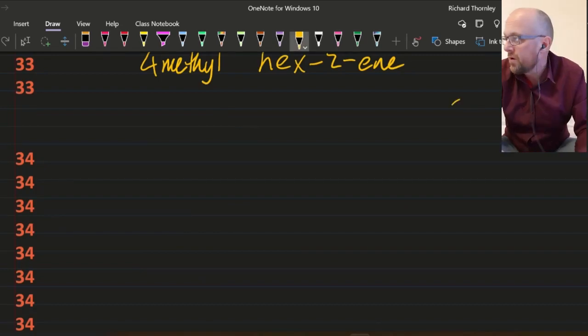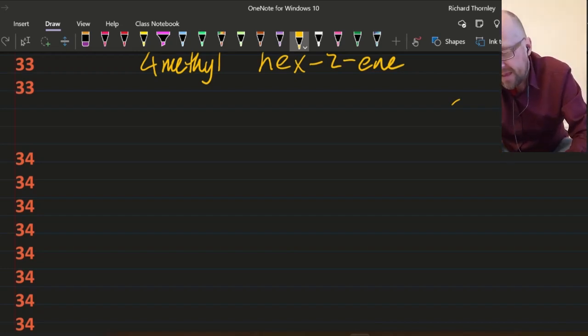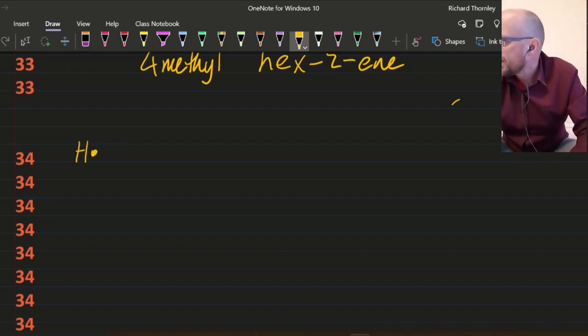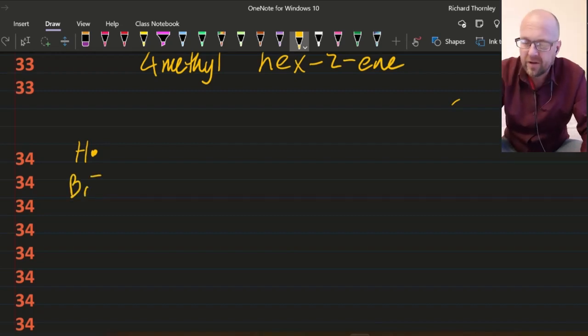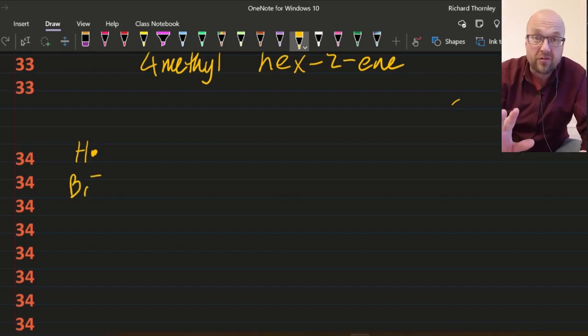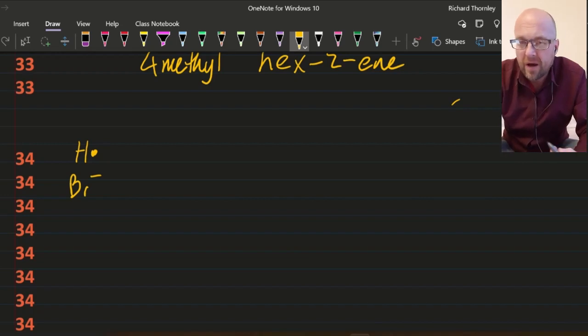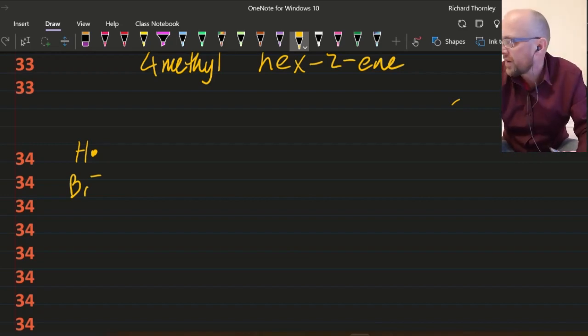So 34. What is formed in a propagation step of a substitution reaction between bromine and ethane? Well, one thing you never ever get is H dot. There's never any H dot. That one's wrong. Br minus must be wrong, because this is to do with radicals, these dots, these lone electrons. Br minus, no, that's ions. There's no ions in this process at all.